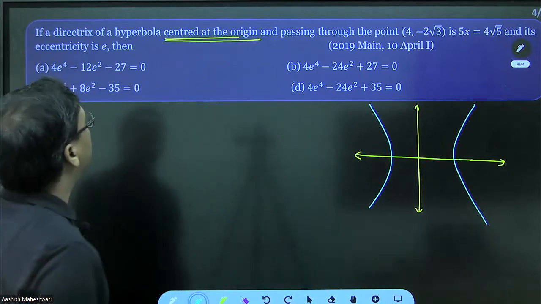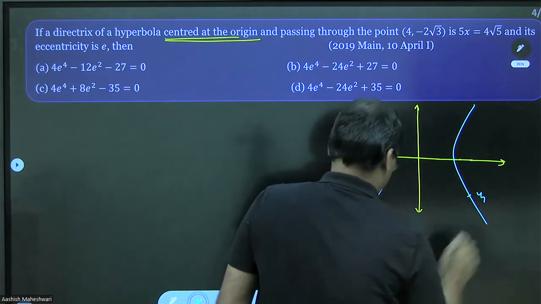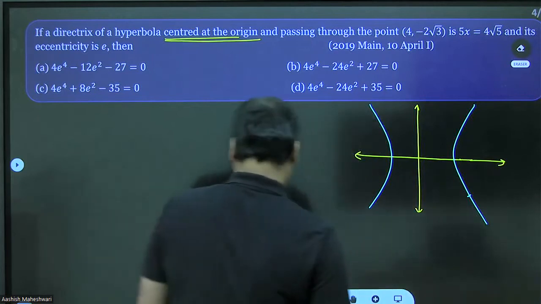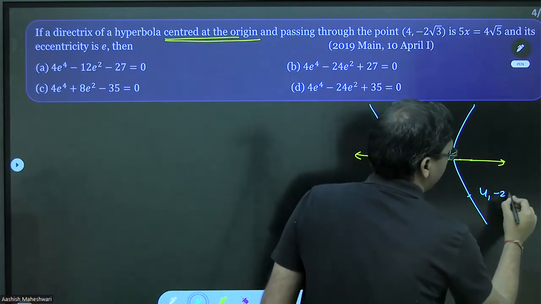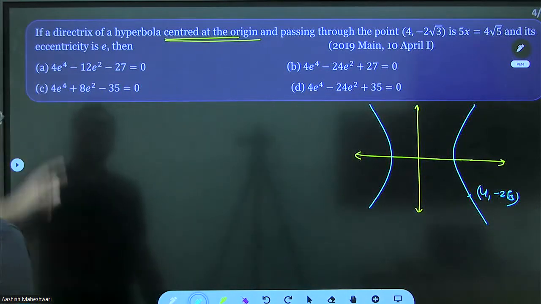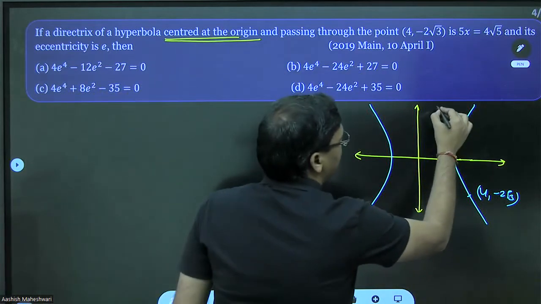It is passing through 4 comma minus 2 root 3. Let's say this is the point, in the fourth quadrant, 4 comma minus 2 root 3. And the directrix of this hyperbola is given to you.